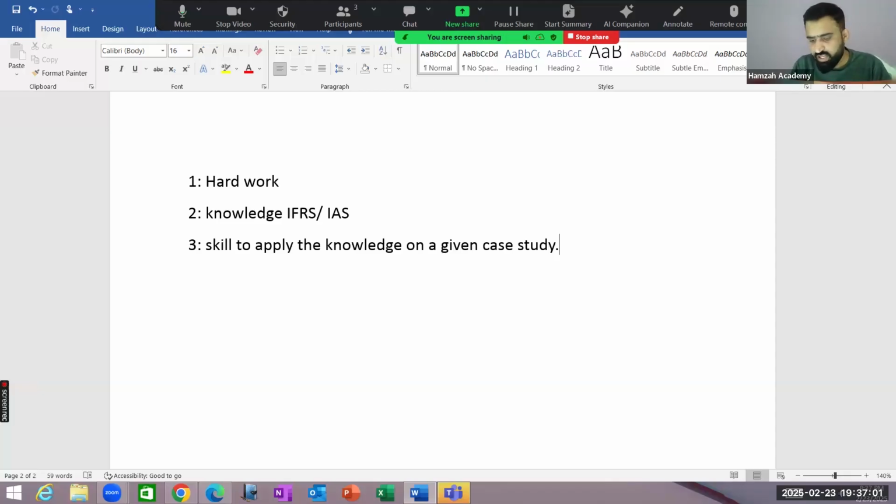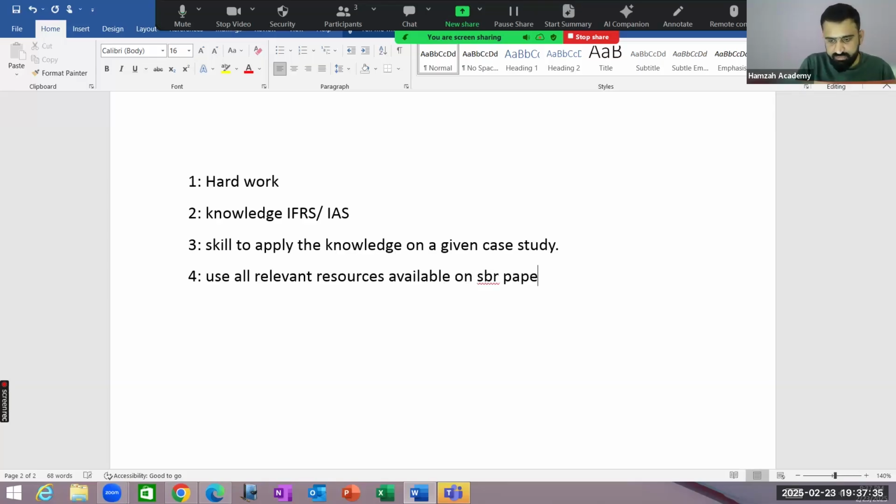And another very important thing, which is the fourth factor here: try to use all relevant resources available on the SBR paper.